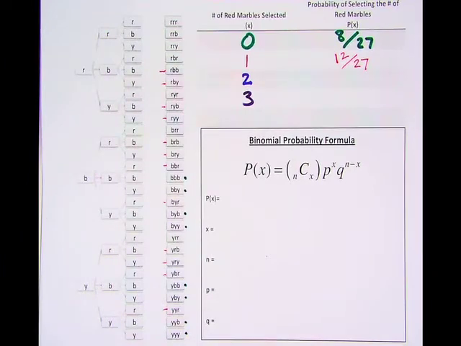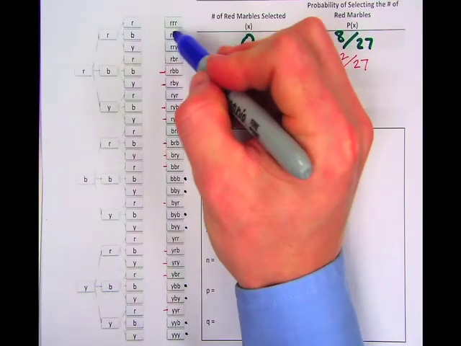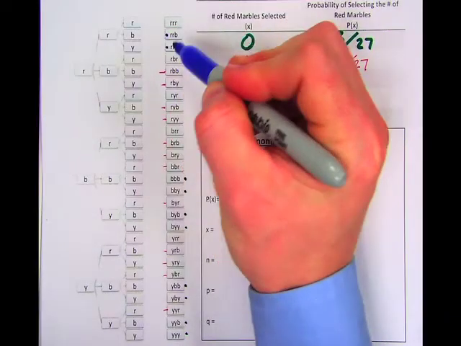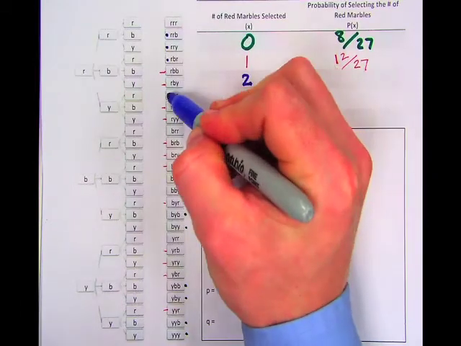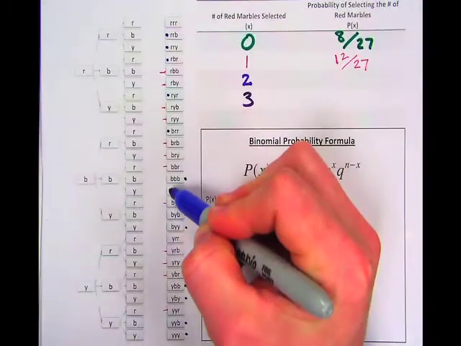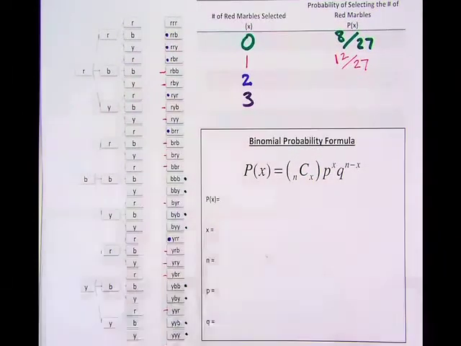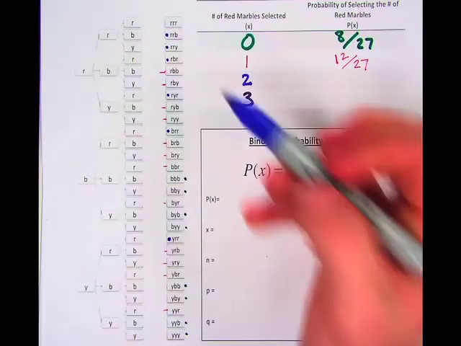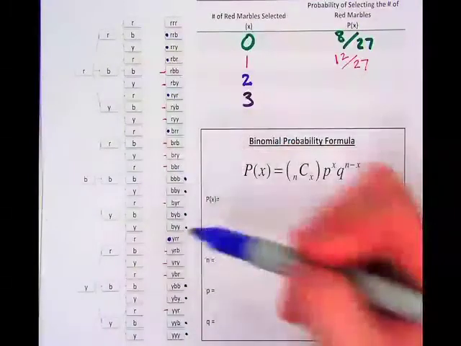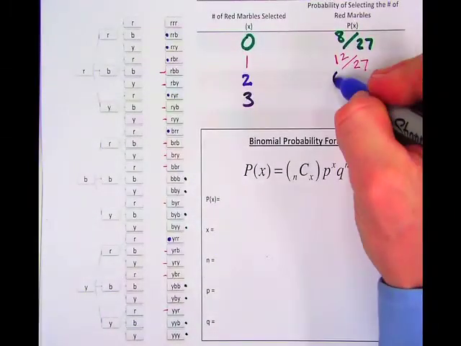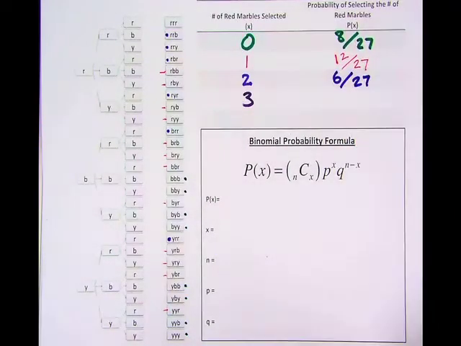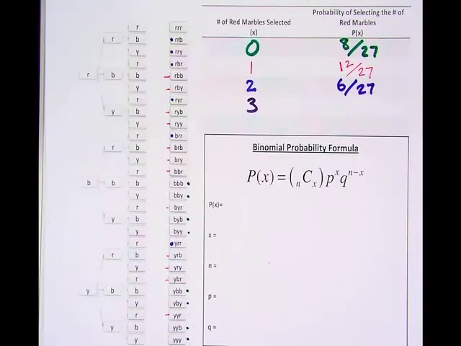Let's try getting exactly 2 red marbles. I'm just going to identify them all. I think that's all of them. So 1, 2, 3, 4, 5, 6. And our last possibility is getting exactly 3 red marbles.